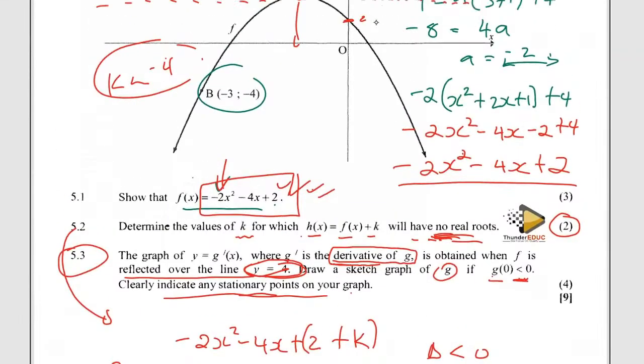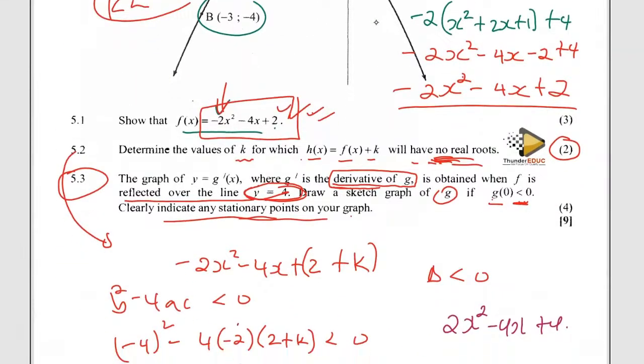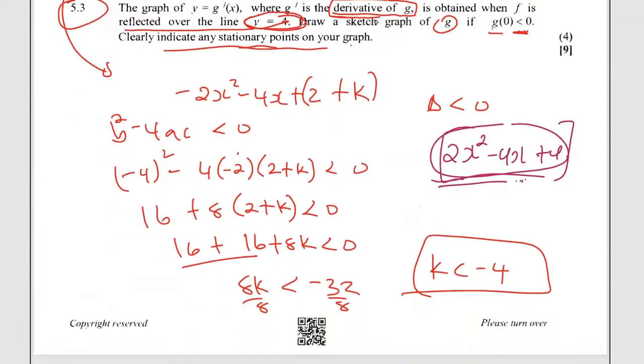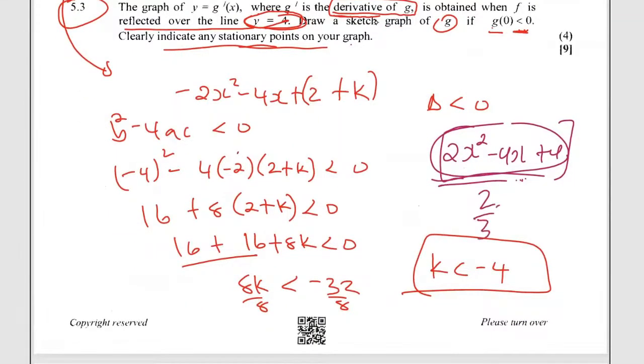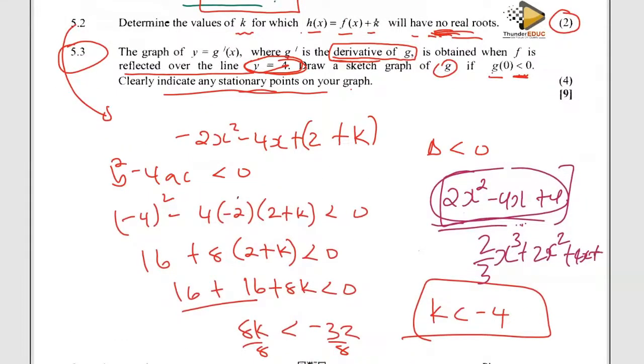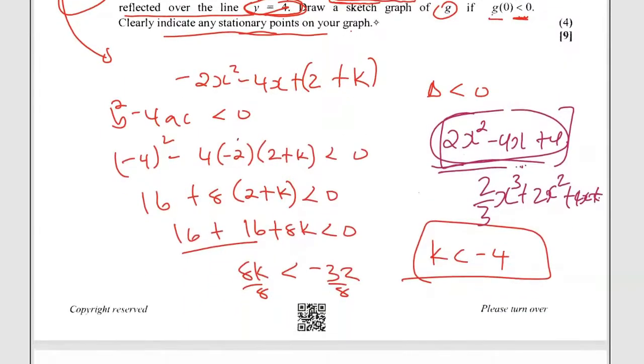So if that is true, then we need to find more or less whatever we differentiated to give us this. Okay, so that could be something like 2 over 3 x cubed. You could have a 2x squared. Okay, you could have a 4x. Okay, and then we can have some sort of a constant.